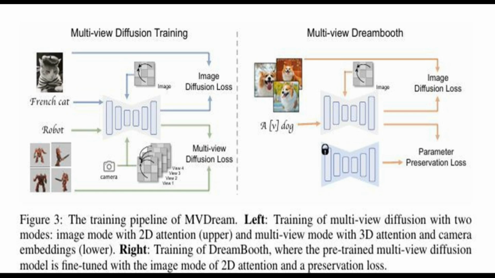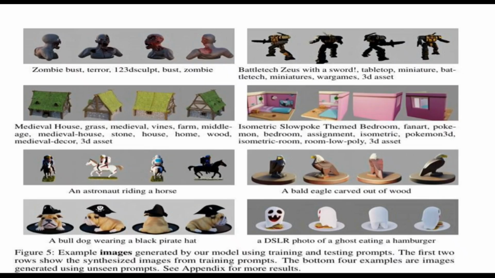Existing 2D to 3D methods often fail at maintaining consistency across multiple viewpoints. And here, introducing MVDream, a multi-view diffusion model designed to generate consistent 3D representations from text prompts by leveraging both large-scale 2D image datasets and multi-view 3D datasets.